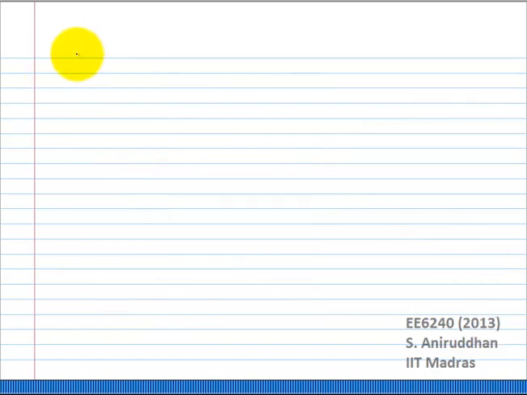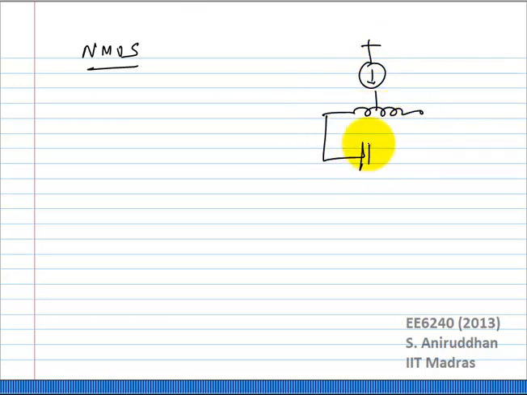So what I'm going to say is, I'm going to redraw the circuit slightly differently in the NMOS case. Okay. I'm going to draw it as a single circuit and then I'm going to connect my cross-coupled pair here.